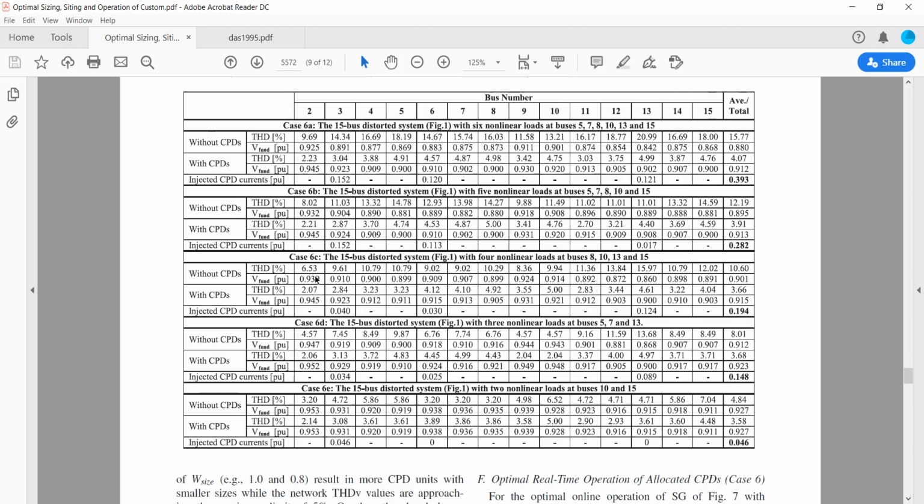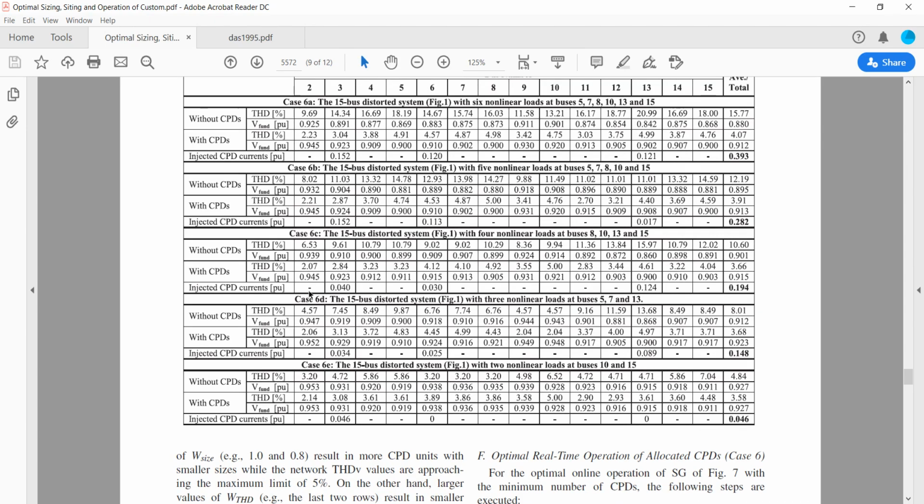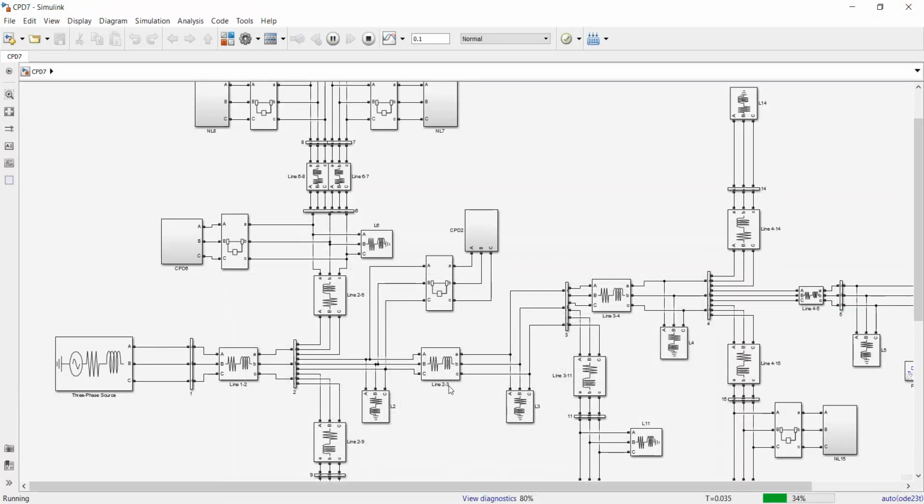CPD 8 without CPD is for case 6C without CPD, and CPD 9 will be with CPD case 6D, and without CPD, 6D will be for CPD 9 without CPD, and CPD 10 circuit is for case 6E with CPD, and CPD 10 without CPD circuit is for case 6E without CPD. The results will be displayed at those particular circuits.